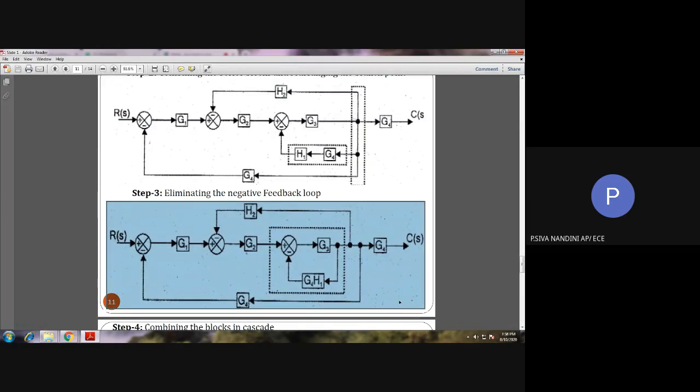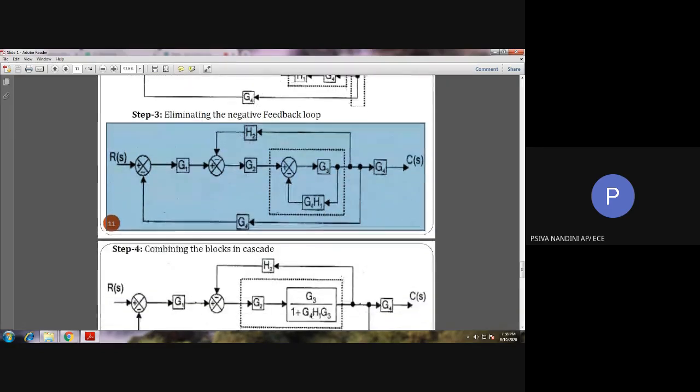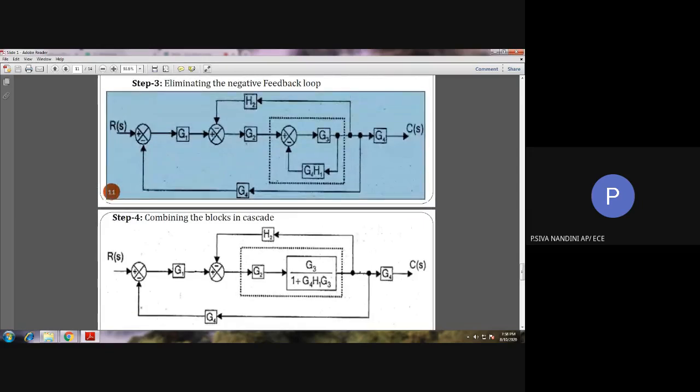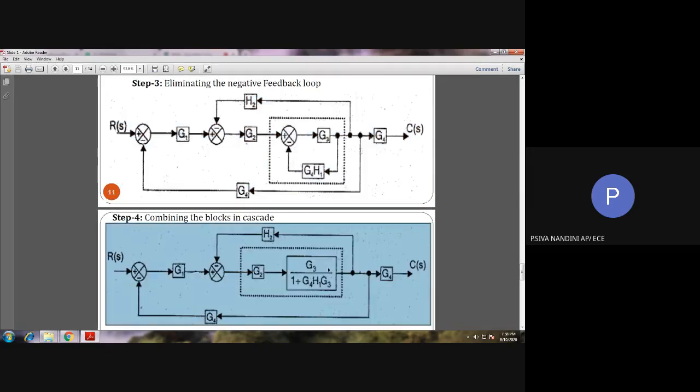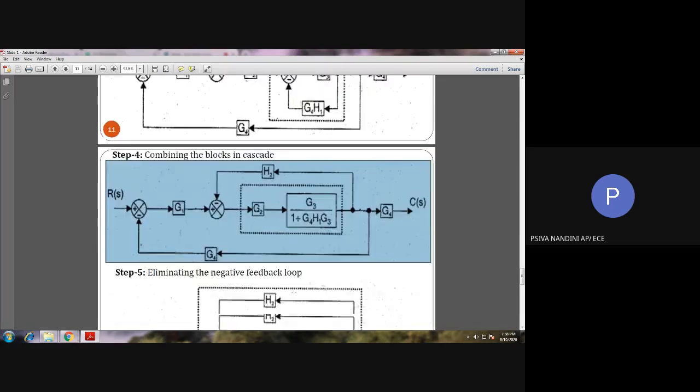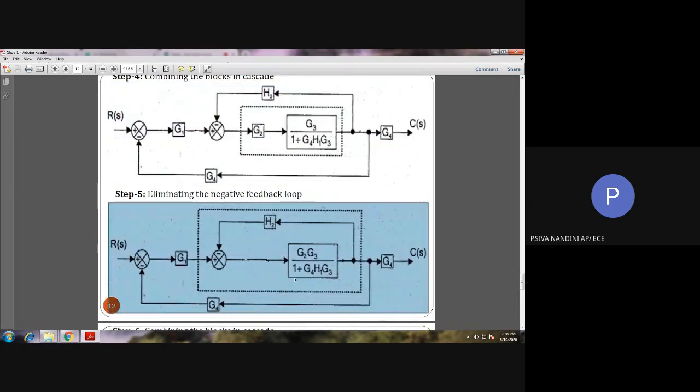Next, here in step number 3, we are having a negative feedback loop. So this negative feedback loop can be simplified as per the rule. After that, in step number 4, you all can see the two blocks again in series, and these two blocks are cascaded. That is, simply multiplied and formed a single block.